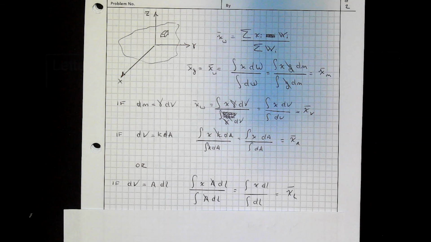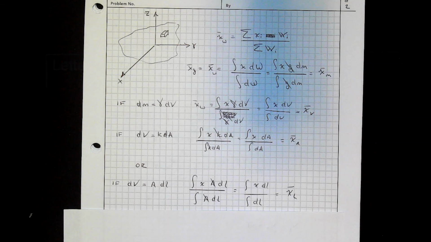Now, suppose further that this volume is composed of some constant third dimension times a differential area. So in one dimension it's constant. Well, then I can break dV down into k dA. The k's cancel. I have a center of area. Or suppose I have a differential volume where I have a constant cross-sectional area.